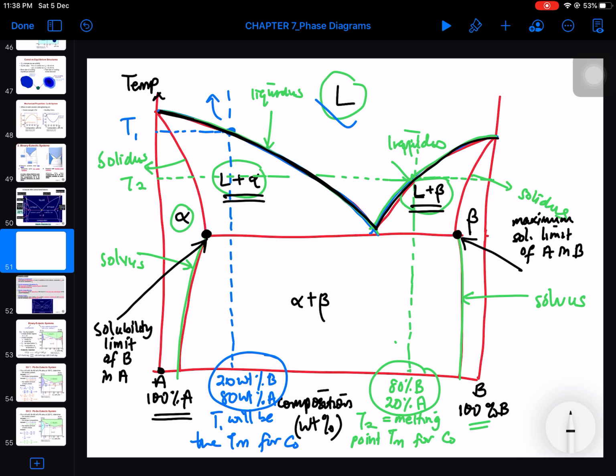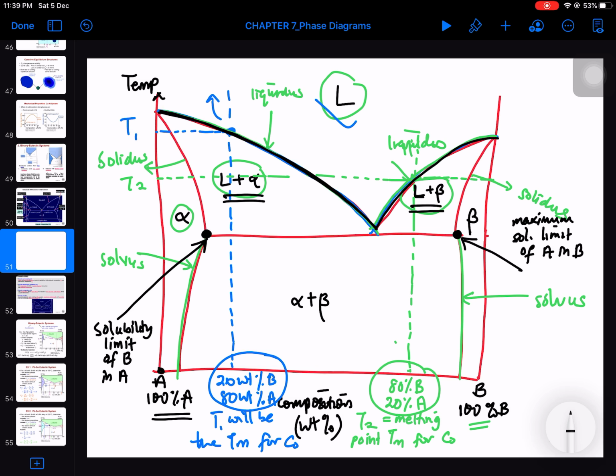Any composition will pass through one of these two liquidus lines, either on the left hand side or the right hand side. But there is only one composition in particular, during solidification, from the liquid form, that after it passes a certain temperature will instantaneously solidify completely without going through the transition phase of liquid plus solid.